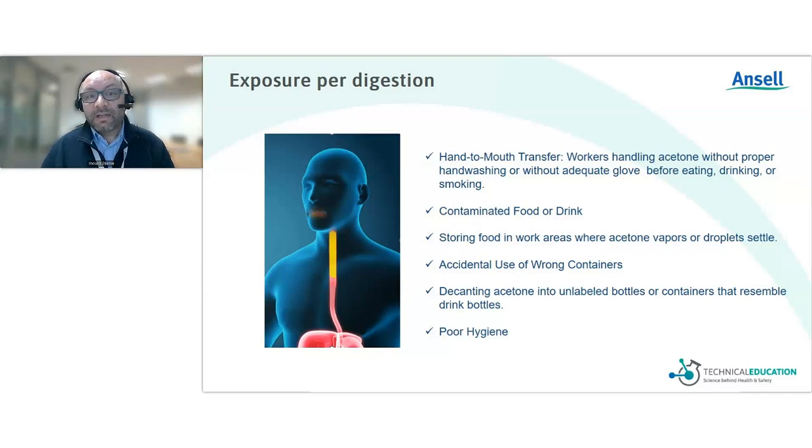Accidental exposure can also happen. Everybody has seen it, I think, at least one time in their life: the wrong chemical put in the wrong container, and this can lead to an accident and drinking the chemical by accident. I will come back to ingestion when we highlight the scientific overview on acetone.